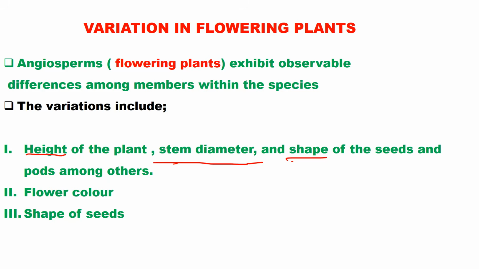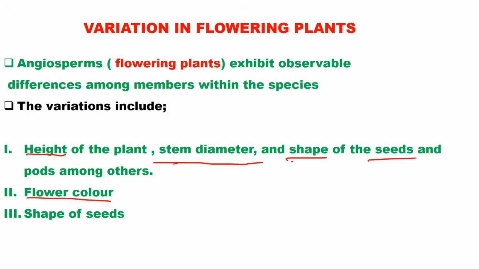Then shape of seeds. Of course, plants do not have the same seeds. If you talk of seeds, they differ. Others are small, others are big, others have pods. So different seed types also show variation in plants. Then the other one that we can talk of is flower color. Flower color ranges from green, white, yellow, blue, violet.